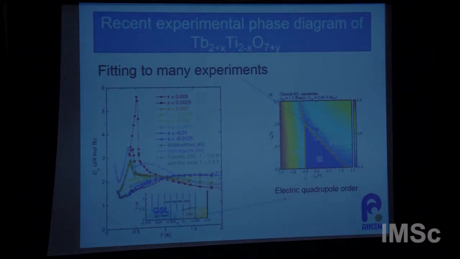I think the idea is to intentionally introduce some mixing of the terbium ions and the titanium ions, and change the stoichiometry concentration, and introduce a finite x from 0.005 to minus 0.0125. It's less than 1%. It's that amazing.